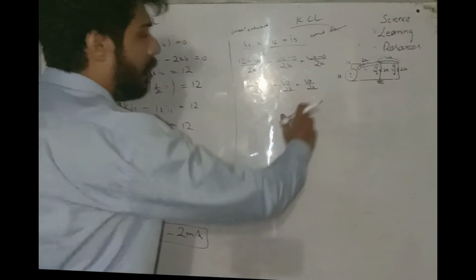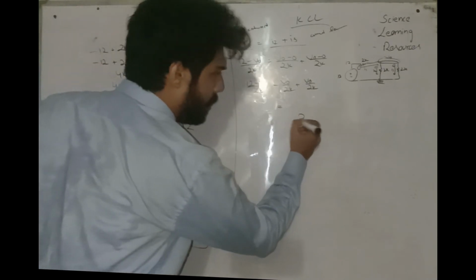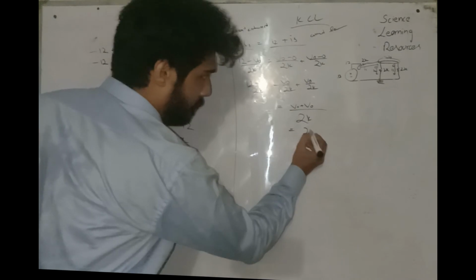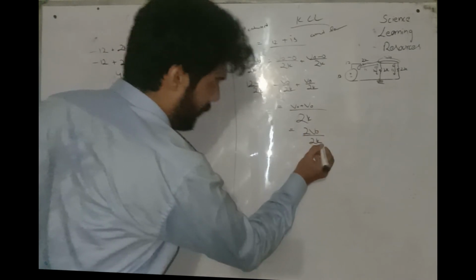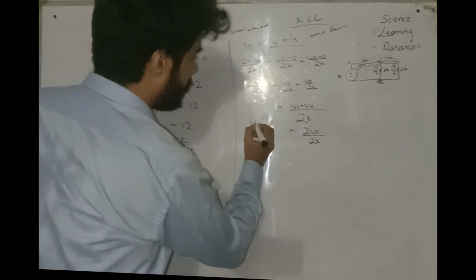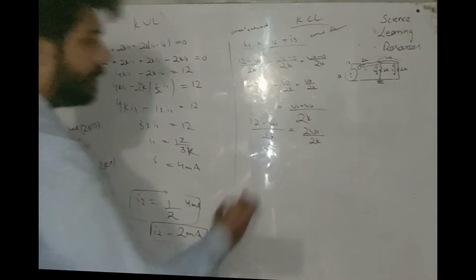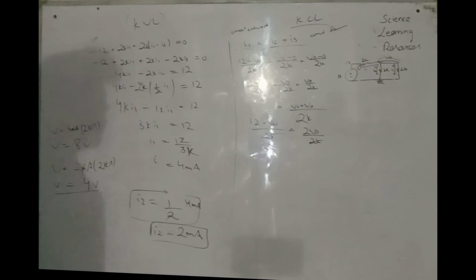So simplifying, 12 minus V0 divided by 2K equals V0 divided by 2K plus V0 divided by 2K, that is 2V0 by 2K. Let me cancel the 2K out.